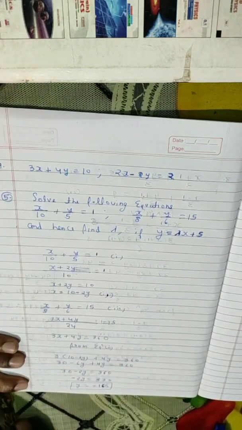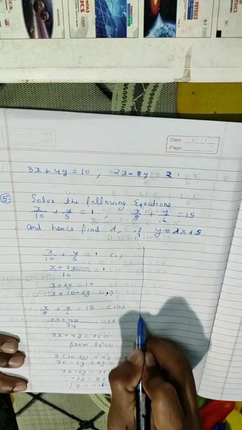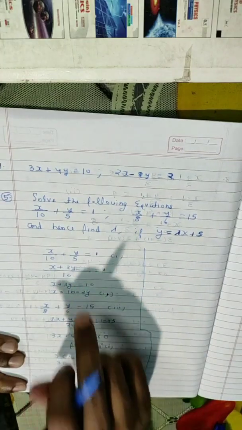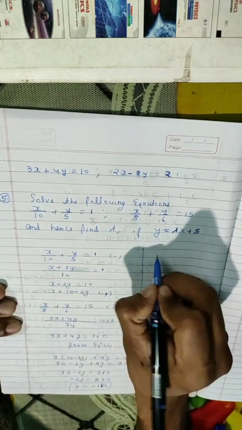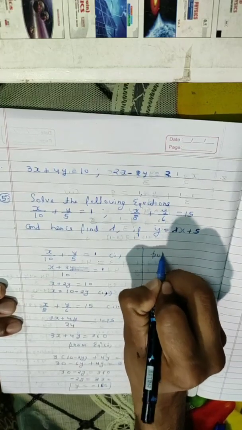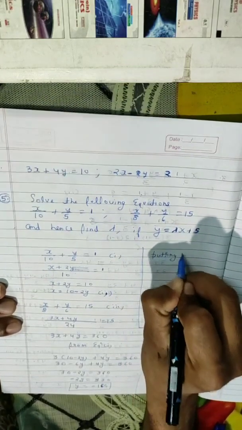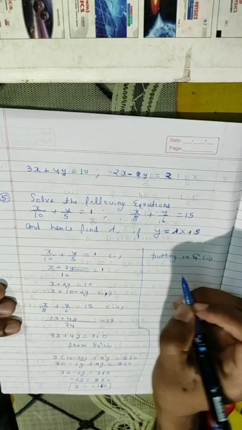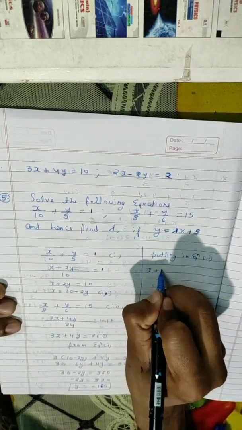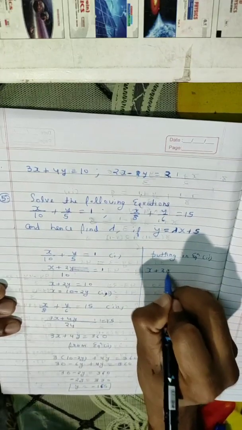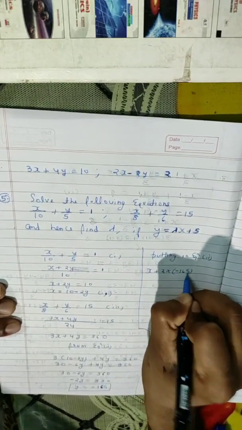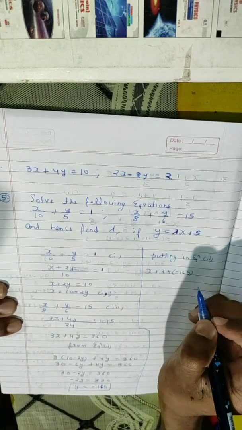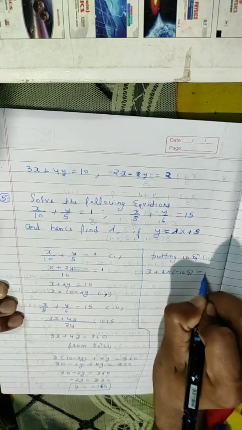Now I will put this value of y in equation number 1. So x plus 2 into the value of y, which is minus 165, is equals to 10.